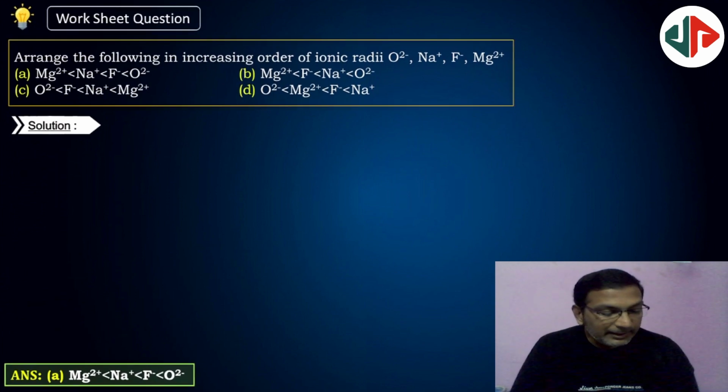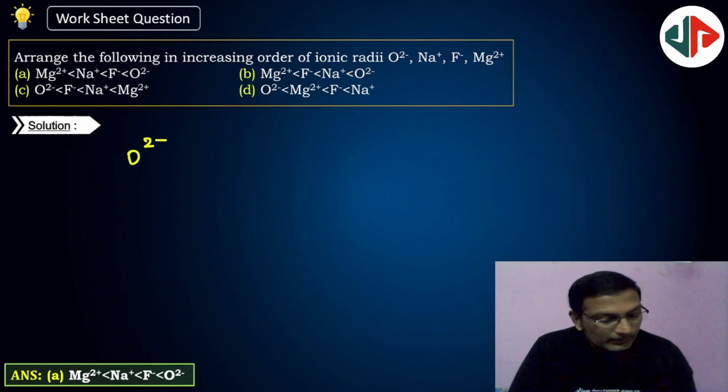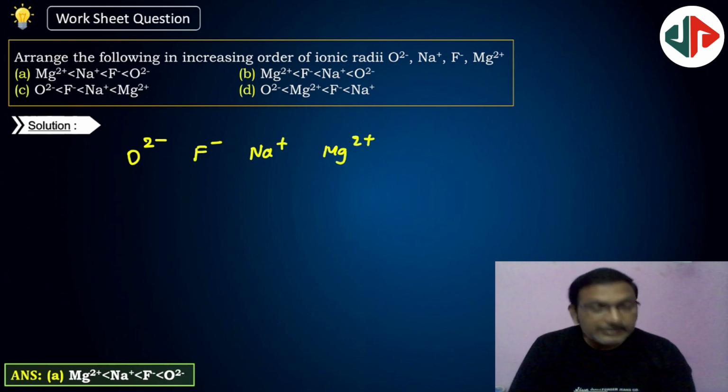Arrange the following in increasing order of ionic radii. So here the given species are O2 minus, F minus, Na plus and Mg2 plus. So all these are isoelectronic species.